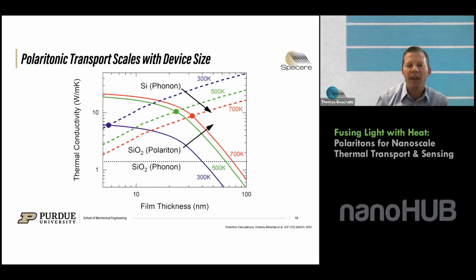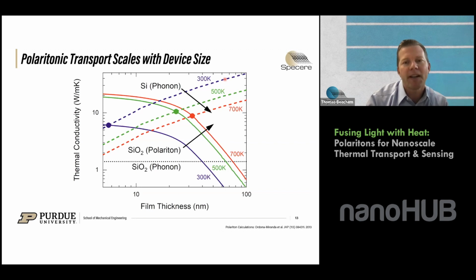To show that, I am plotting here two different sets of curves. The dotted lines up here are the thermal conductivity of silicon as a function of film thickness at room temperature, 500, and 700 K. As the film thickness increases, the thermal conductivity of the silicon phonon increases.